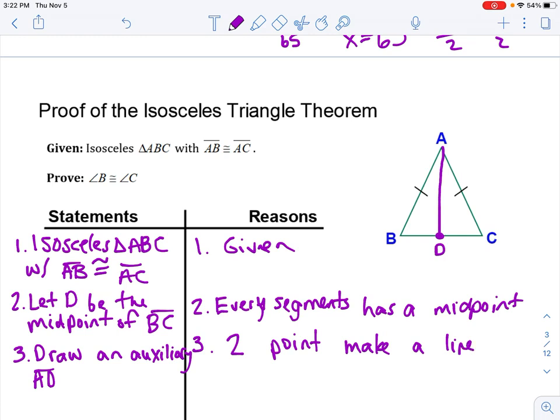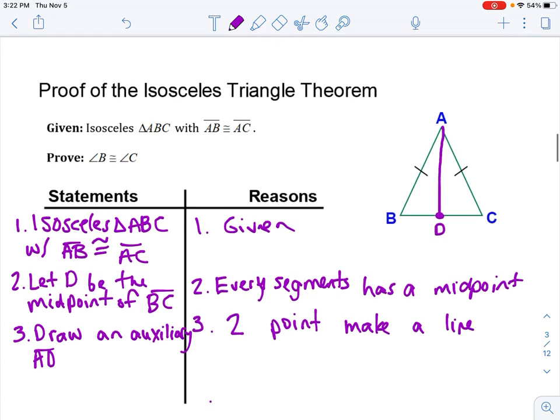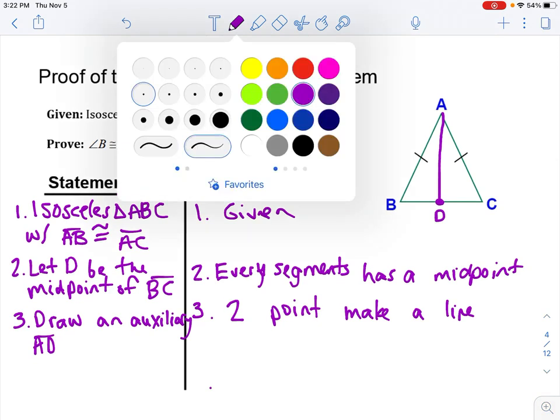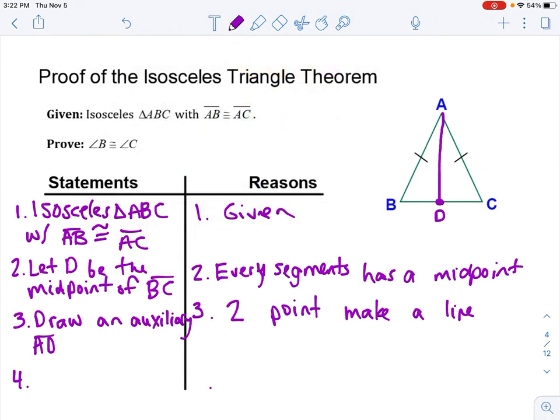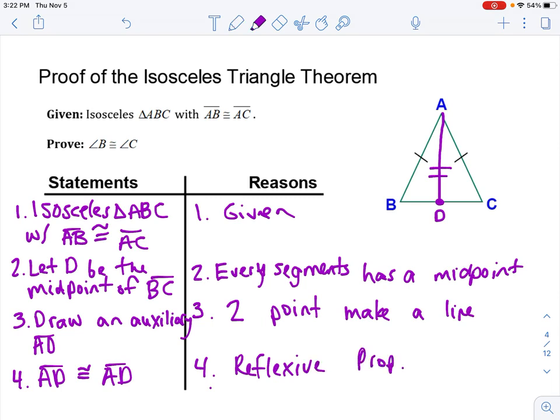From there, we have enough to finish proving like we have the past couple of days. We can state by the reflexive property that AD is congruent to AD. It would be a good time to point out what we're actually trying to prove, since I didn't state that earlier. Hopefully you saw that angle B is congruent to angle C is what we're trying to prove.